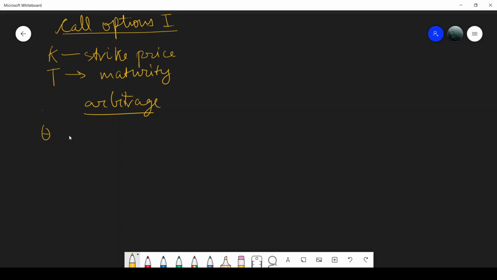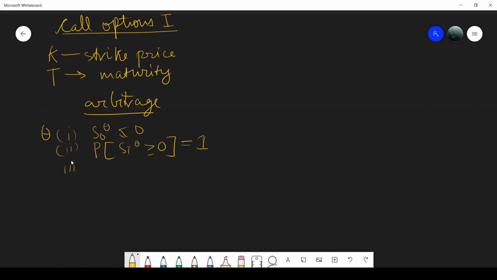Such that these conditions are satisfied. That is, S naught of theta is less than or equal to 0. I'll explain what this is in a moment. P of S t of theta greater than or equal to 0 is equal to 1.